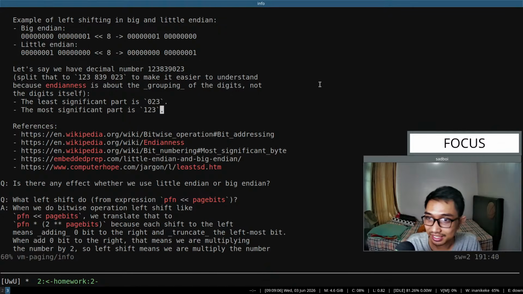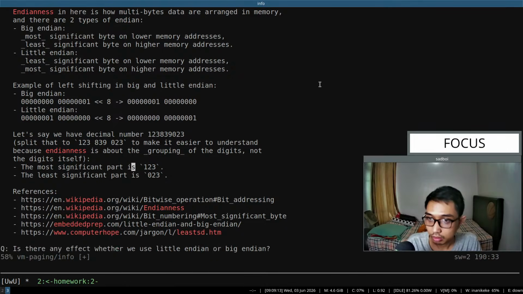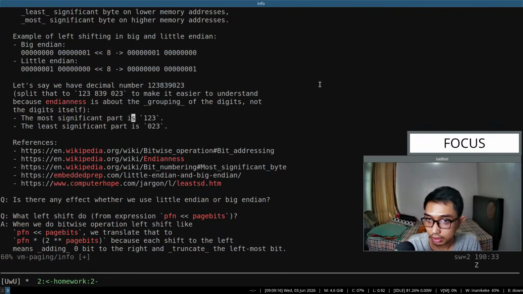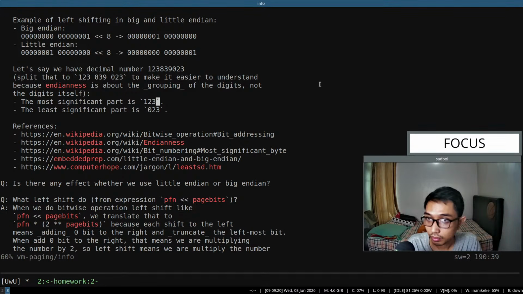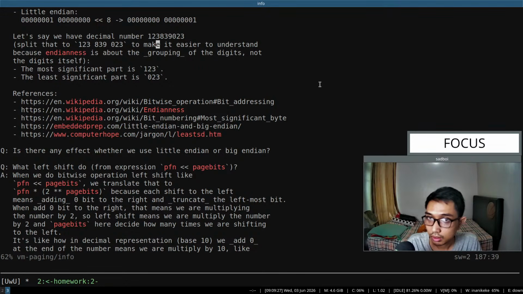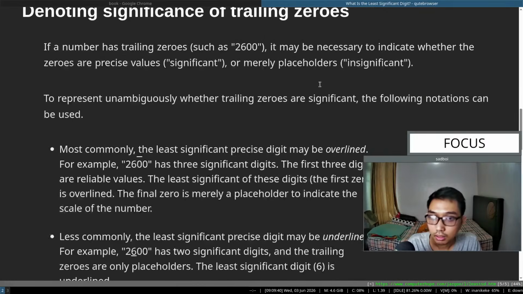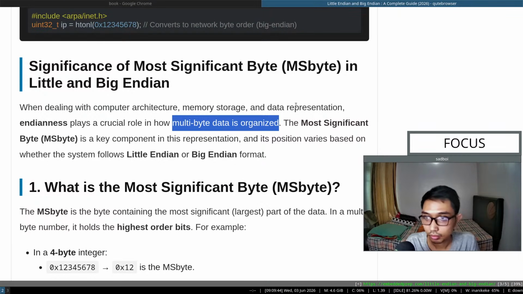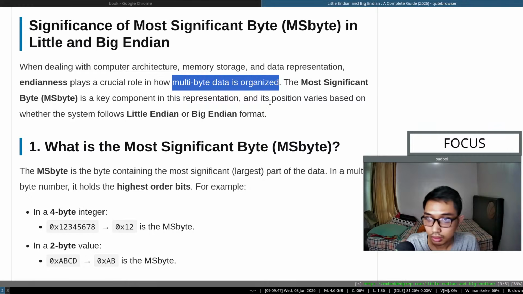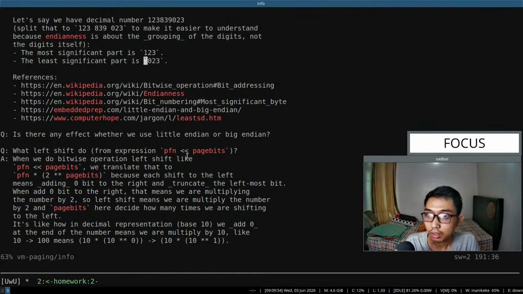The most significant part is this one. We can also do this in byte.